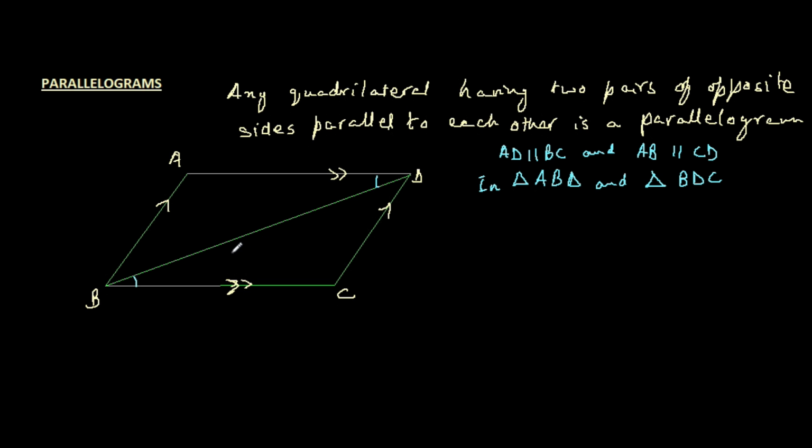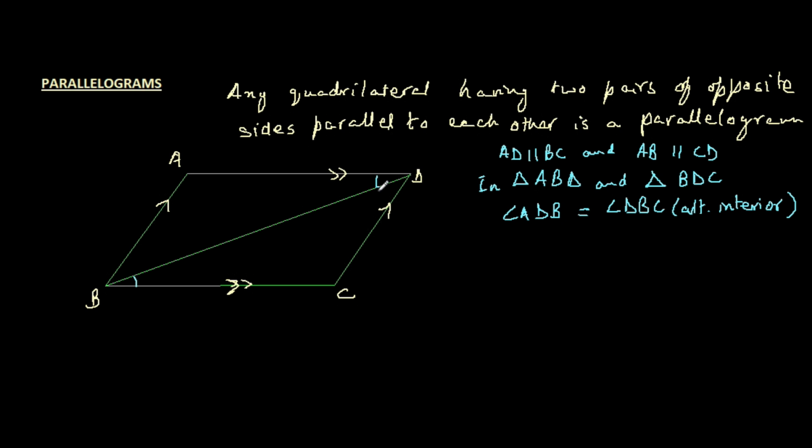So I know that angle ADB is equal to angle DBC, and I can write the reason: they are alternate interior angles. What else do we have here? We have that AB is parallel to CD. Now, AB and CD are two parallel lines, and we have a transversal BD which is intersecting them.